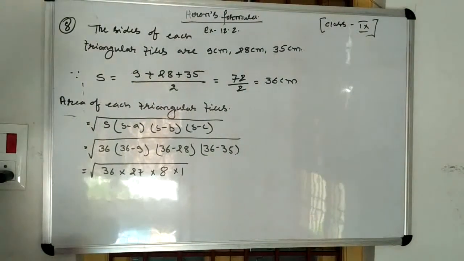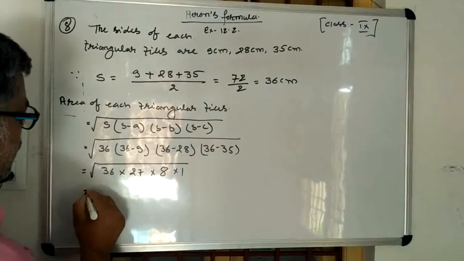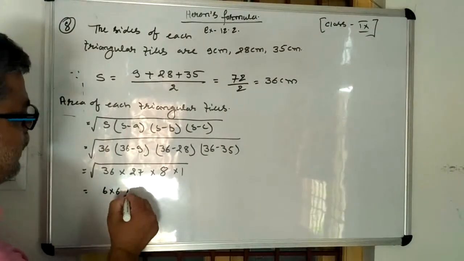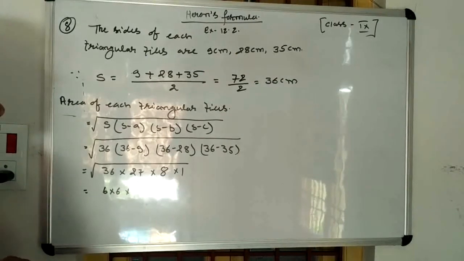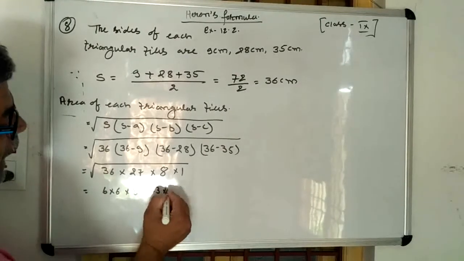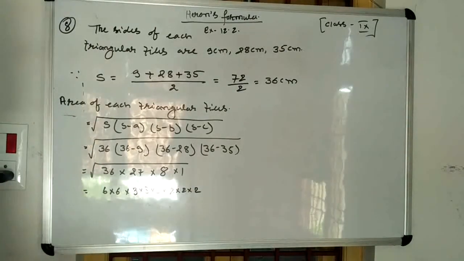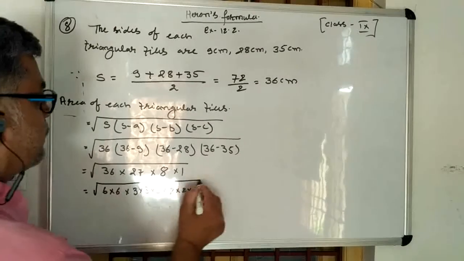Now we need to do factorization. 36 can be written as 6 into 6, 27 can be written as 3 into 3 into 3, and 8 can be written as 2 into 2 into 2. This is under the root.